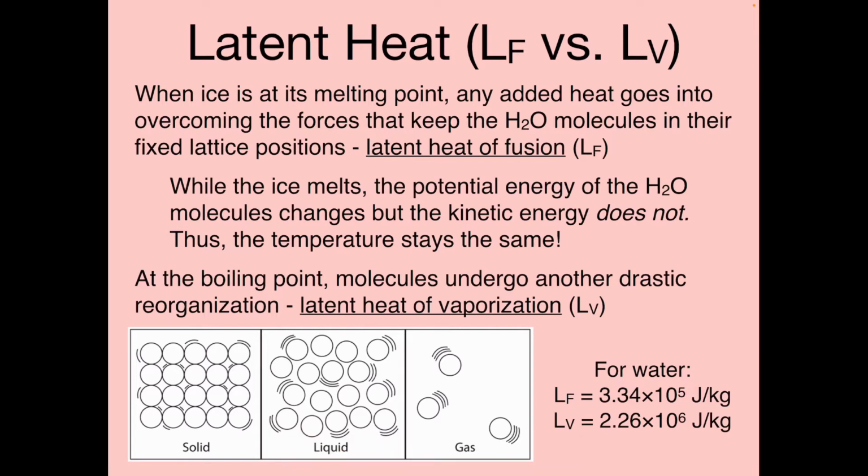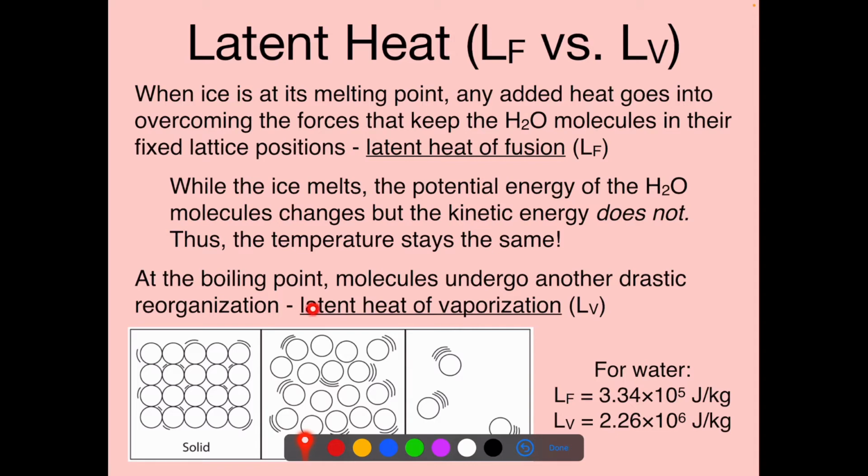Okay, now there's a very similar thing that goes on when we're at the boiling point. So if we have liquid water, the molecules are no longer in a fixed position. They can move around, but they have to stay relatively close together to be in the liquid phase. But in the gas phase, now the molecules can get really far apart. So in order to undergo this phase transition, we need to add some latent heat.